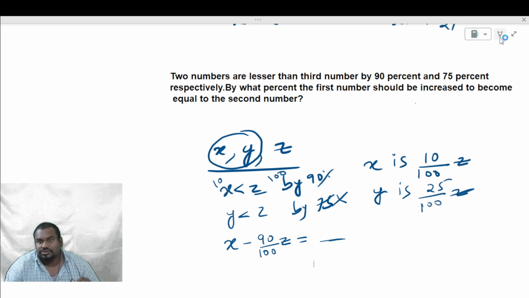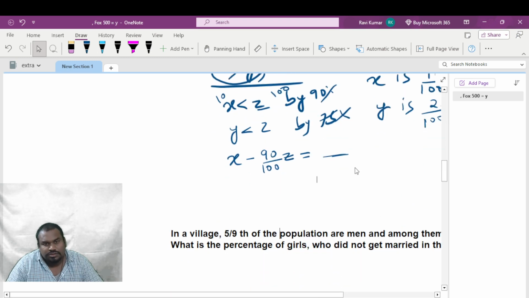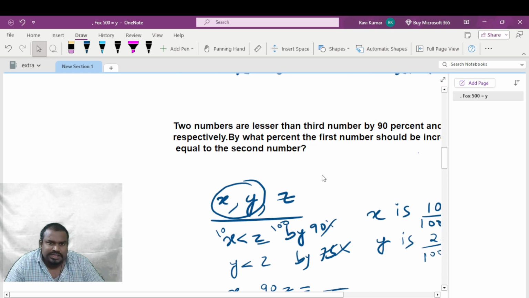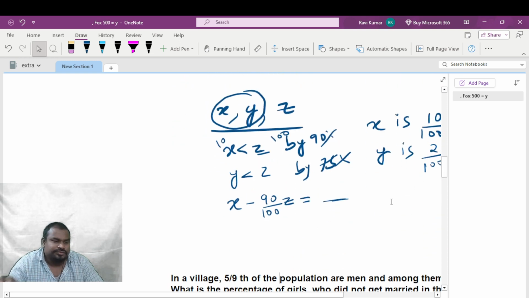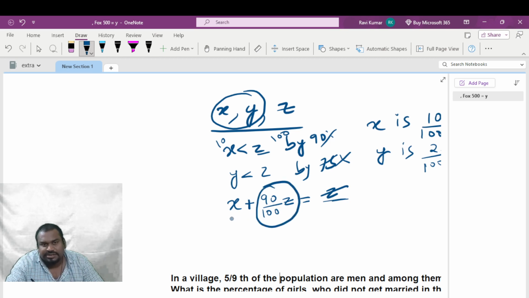X should be added with the value of 90%. If I add, then I'll fulfill the value of Z because it is 90% less. So I'll add that 90% to X to make it Z.